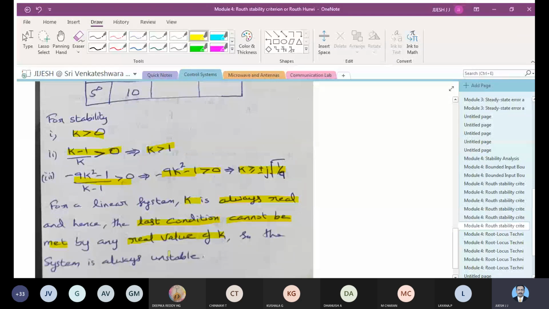If you would have got some value like k greater than or equal to 100, real values, then you could have told that the system is a stable system. But in this problem, since k is an imaginary number and not real, the system will not always be positive at that point, and it will be an unstable system.